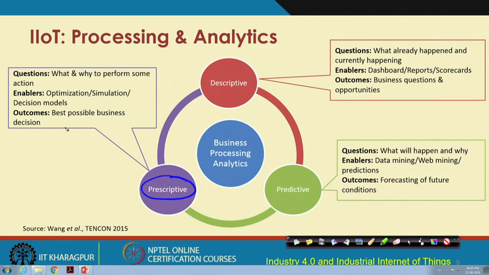Predictive analytics questions what will happen and why it will happen. The enablers for it are data mining, different data mining techniques, web mining techniques and predictive techniques. The outcomes from predictive analytics are forecasting for future conditions.